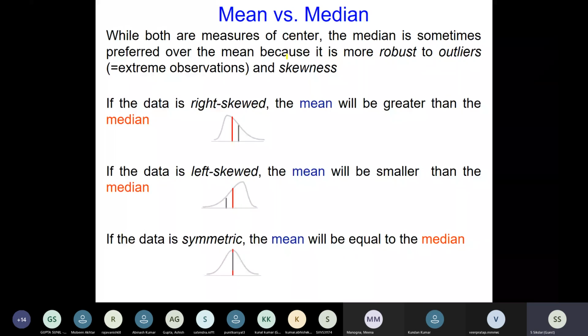From this kind of distribution, you can tell the skewness and which side the data is falling on.